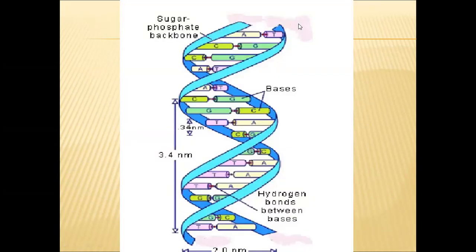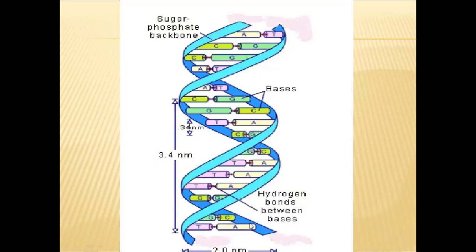And coming to some features of this double helical structure of DNA. We have seen that the two polynucleotide chains are attached to each other with hydrogen bonding. These hydrogen bondings are shown between these two backbone structures.